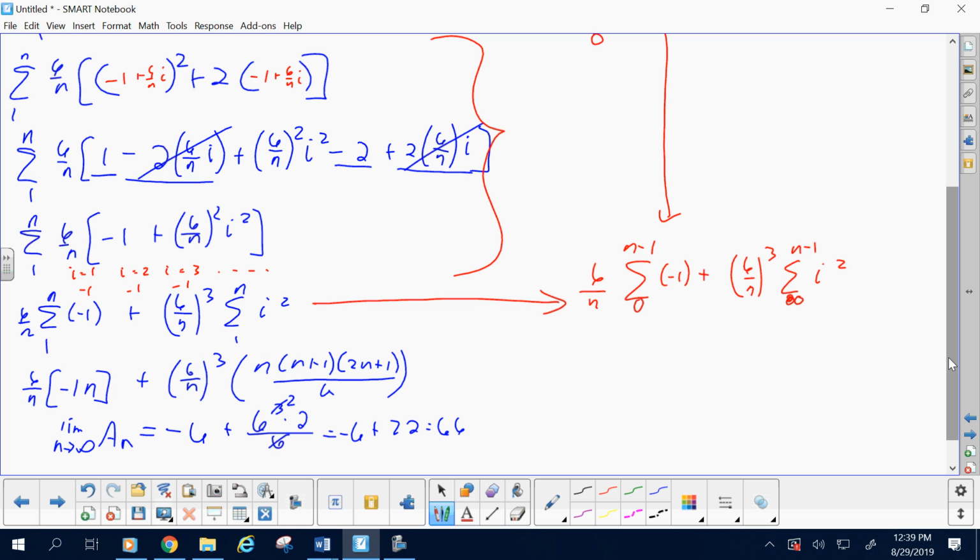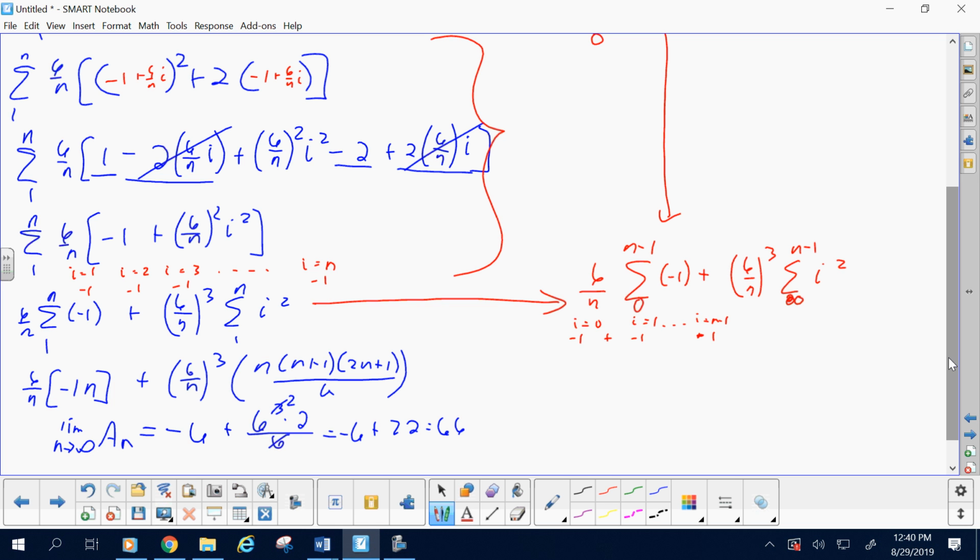And I keep doing that till i equals n. Now in this case, the counter says, when i equals 0, I put in a negative 1. And when i equals 1, I put in a negative 1. And I'm going to go through, when i equals n minus 1, I'm going to get a negative 1.